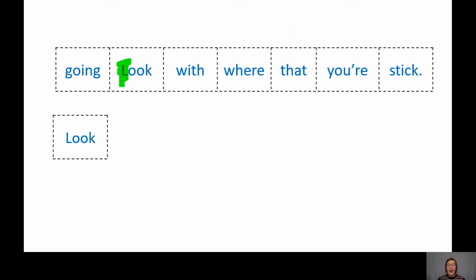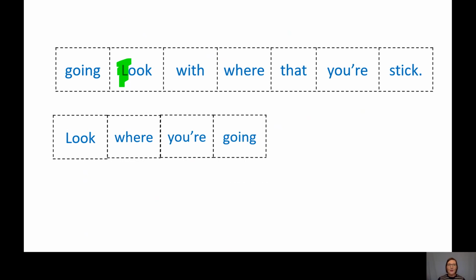Pause the video here and have a go at trying to work out which words will come next to unjumble our sentence. Did you have a go? Let's see if we were correct. So we've got look, look where, look where you're, look where you're going.